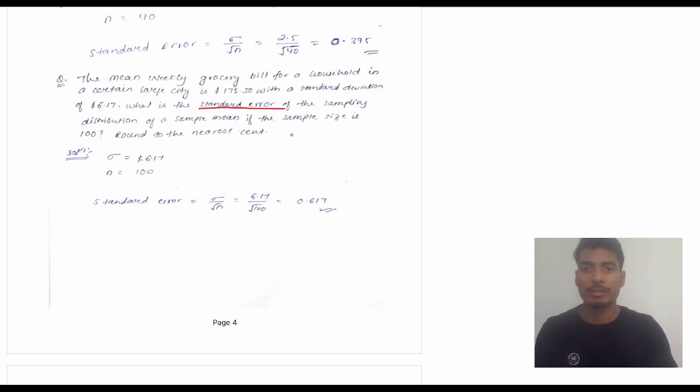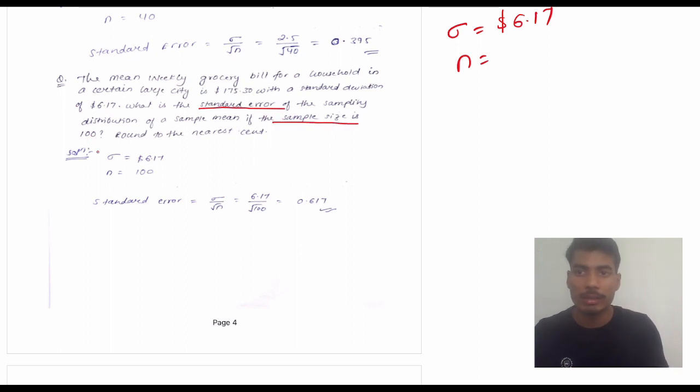Round to the nearest cent. See, they give the standard deviation as $6.17 and the sample size is 100, and they said find the standard error.